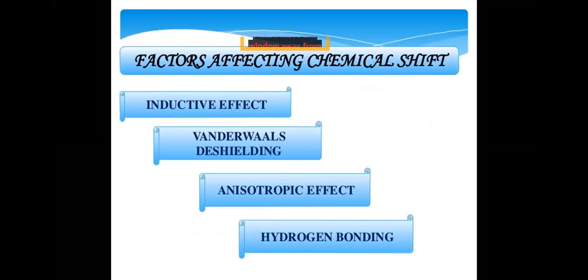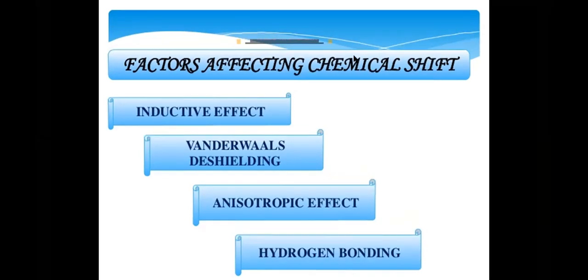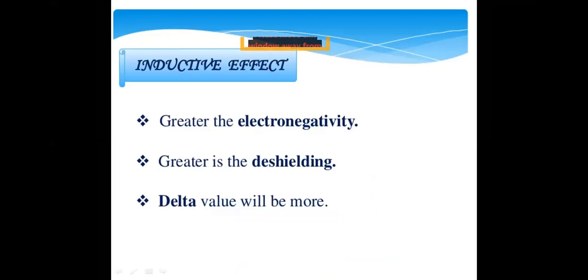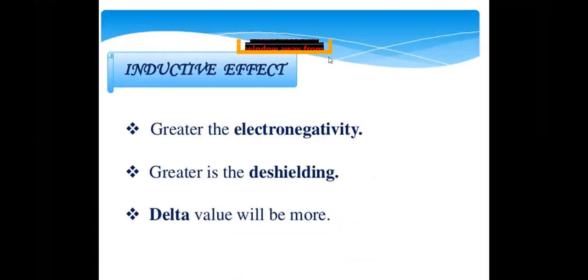Factors affecting chemical shift we also discussed: inductive effect, van der Waals force, anisotropic effect, and hydrogen bonding. The basic fundamental is that if the electron availability decreases, then the chemical shift will be deshielded, a downfield shift. We discussed that the greater the electronegativity, the more deshielding and the greater the delta value.